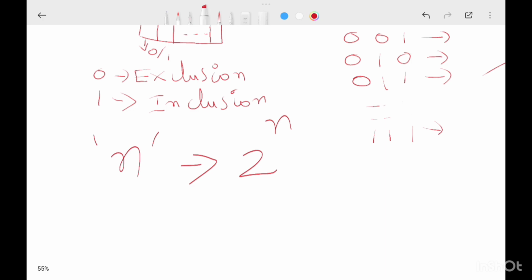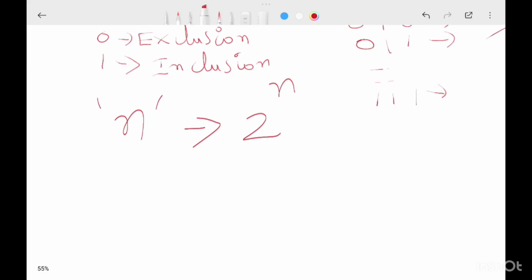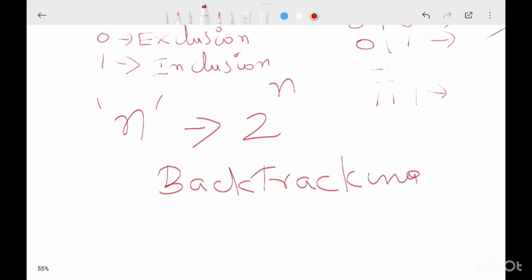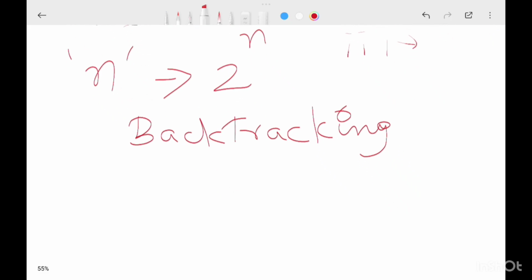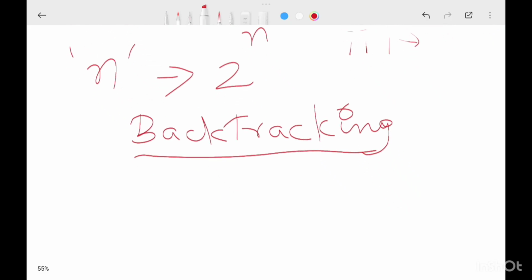Now, can we reduce the time complexity using any other method? Yes. This same problem can be solved using backtracking. By using the backtracking approach, we can efficiently solve this problem. Backtracking we already know.